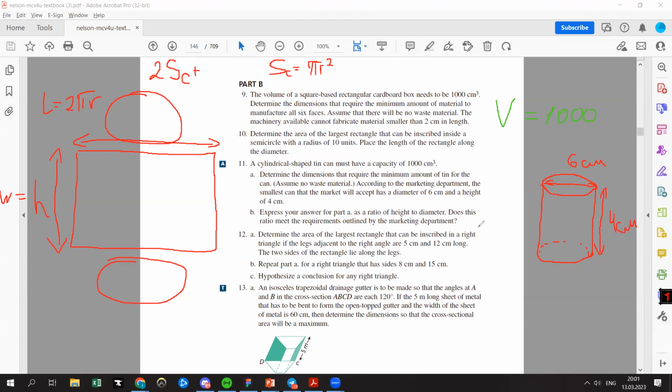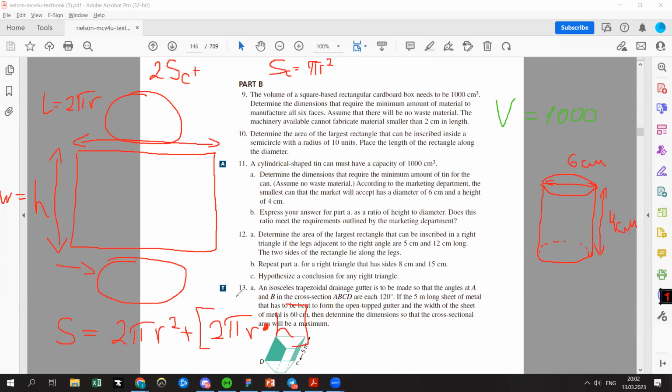You got this? Yeah. So now you express the amount of material as the surface area of your can, right? So the surface of the cylinder would be 2 pi r square, two circles, plus 2 pi r times height, because this is the surface of a rectangle.